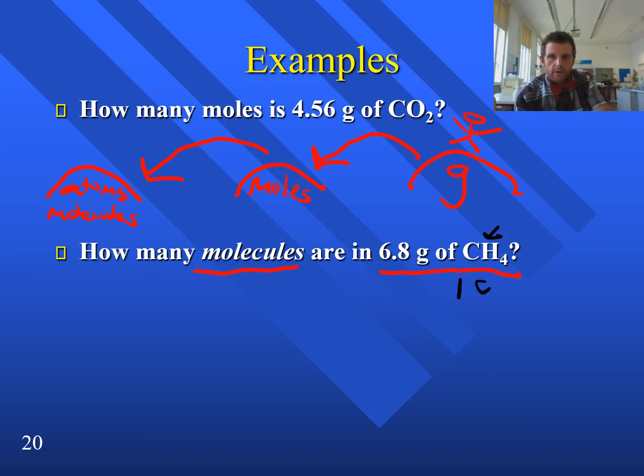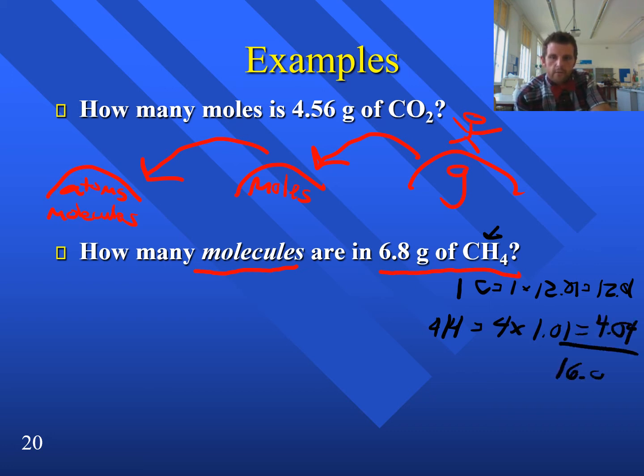So I've got 1 carbon, 1 times 12.01 equals 12.01. Then I've got 4 hydrogens, 4 times 1.01, 4.04, 16.05. So then I'm going to just set it all up again. So I am at 6.8 grams of CH4. This is called methane.